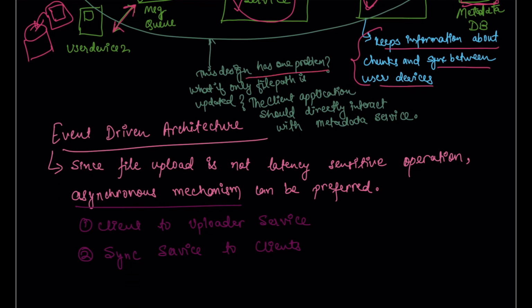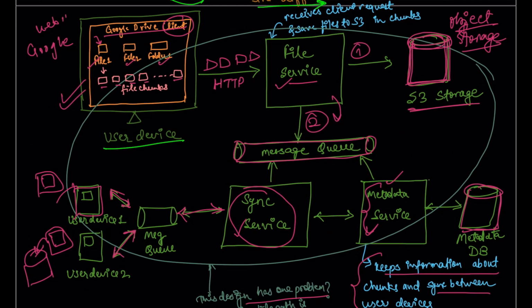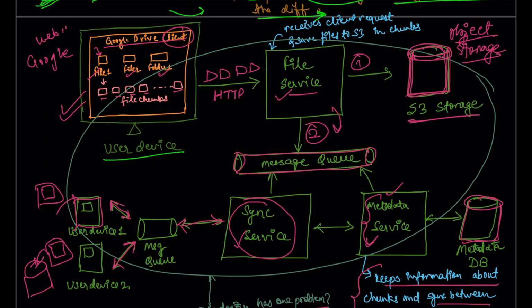One problem: what if only the file path is updated? In that case, the client application should directly interact with the metadata service. Let's see how the architecture, or the invocation calls, happen. If any file is uploaded, first you talk with the file service, and then the file service uploads to storage.